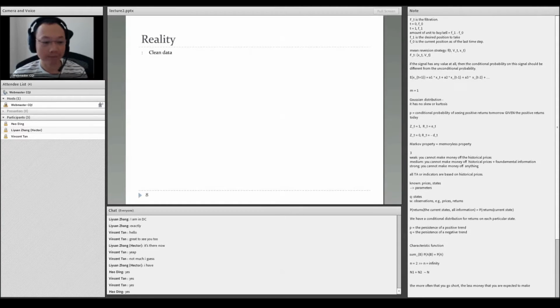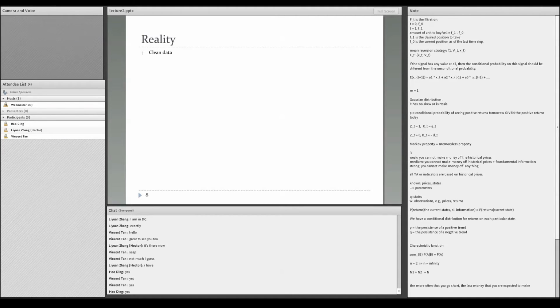And when you do backtesting, you need to do data cleaning. And data cleaning is not easy.